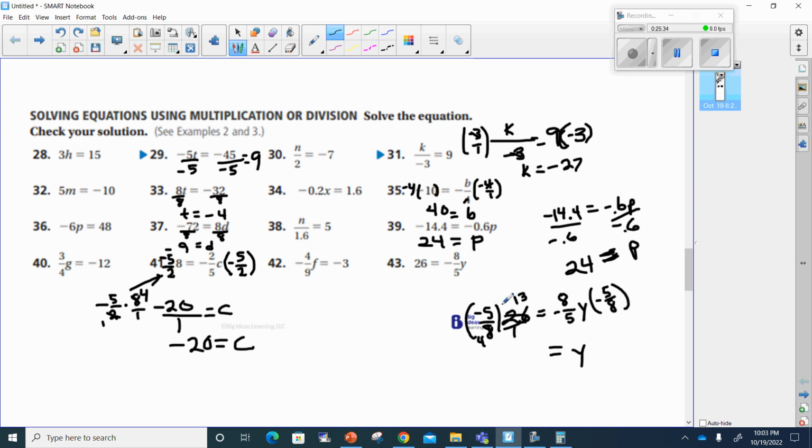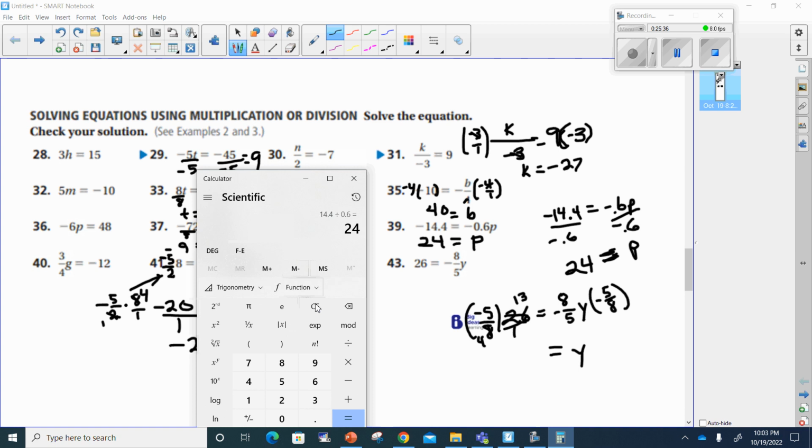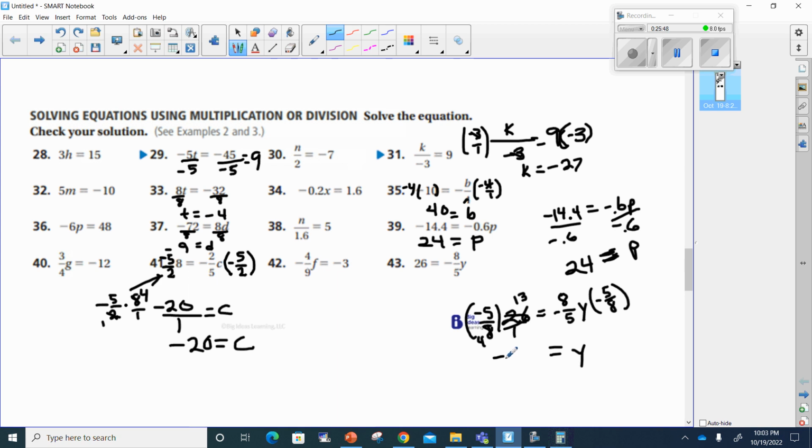Now I've got a negative 5 times 13. That gives me 65. So a negative times a positive will be a negative 65. Okay, and then I've got 4 times 1, which is 4.